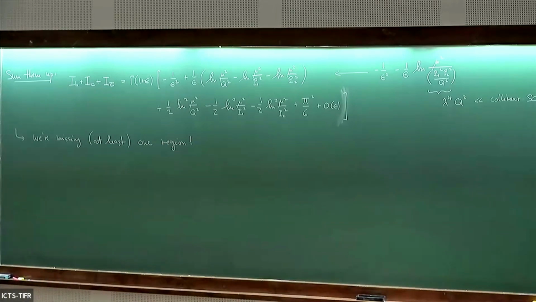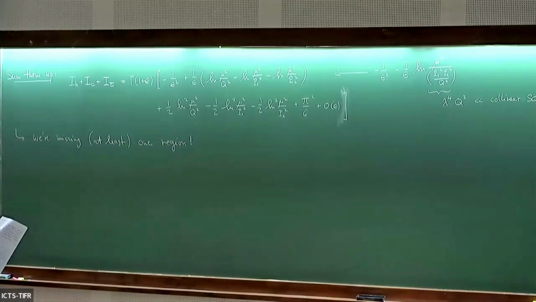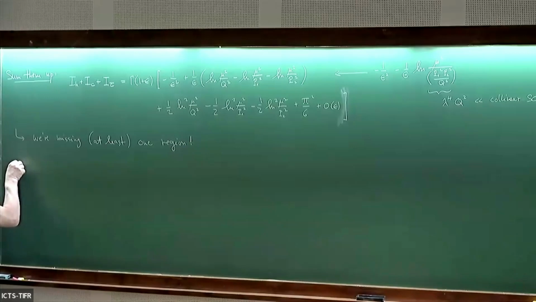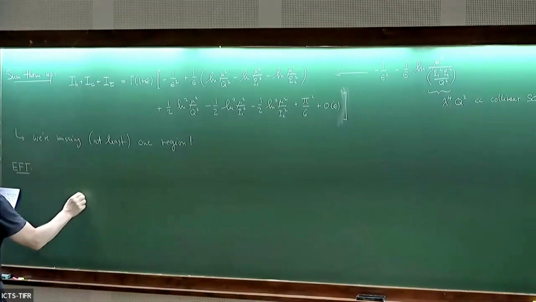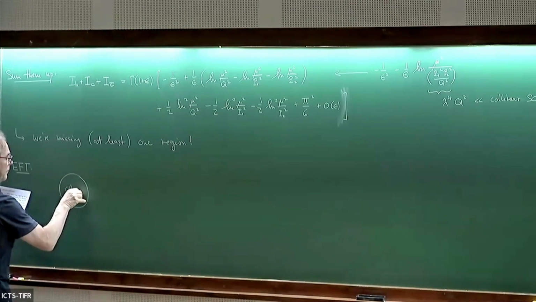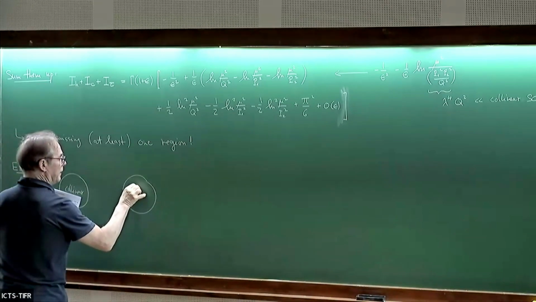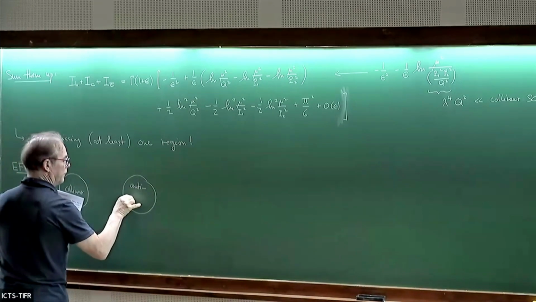Now, there's also a physics argument which suggests that we need another mode. Imagine if we had an EFT which would just contain collinear particles belonging to one jet and anti-collinear particles belonging to the second jet.